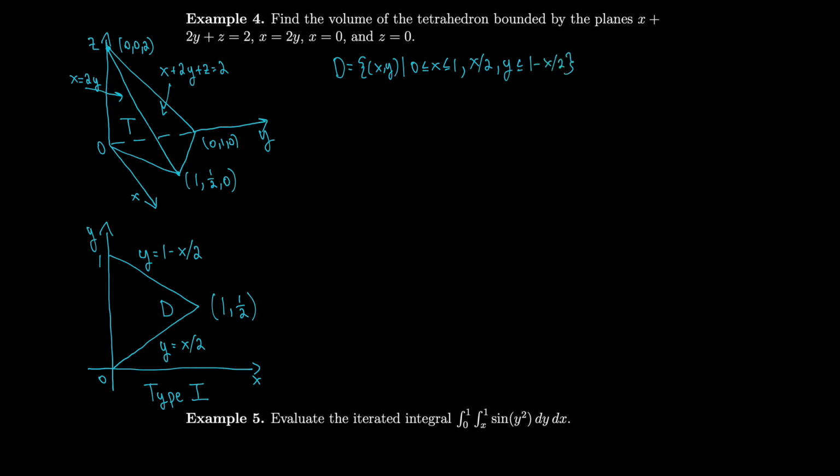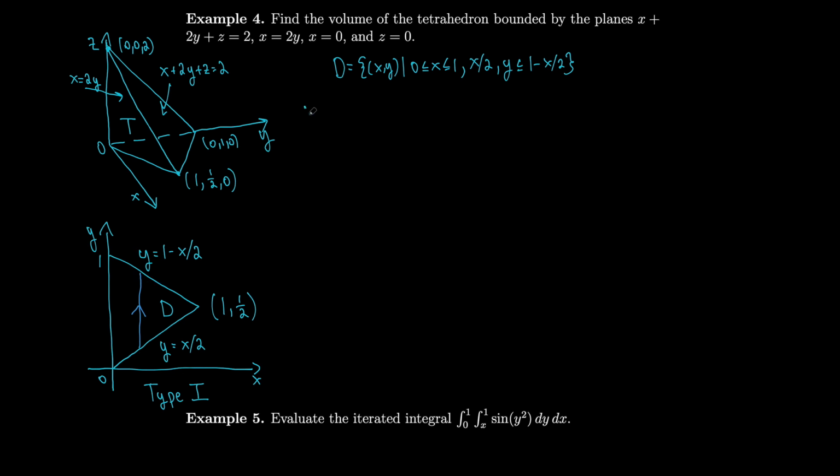Oh, I almost forgot. We are integrating from bottom to top first. So I'll just draw that to remind you. We're integrating with respect to y first, because we have y equals functions of x, and it's type 1.